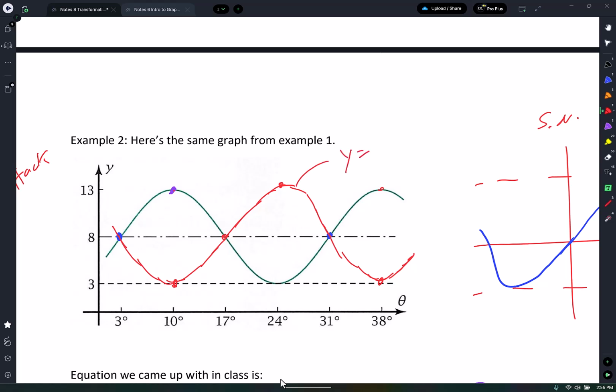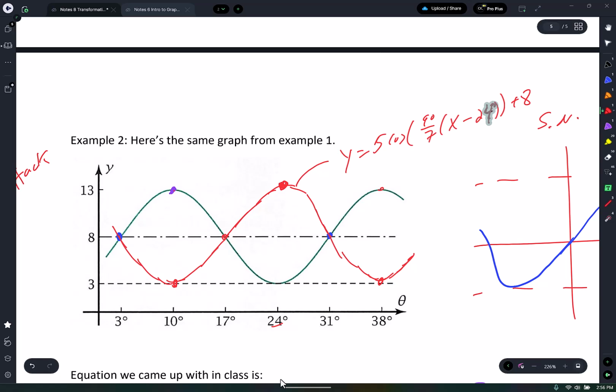Everything else is exactly the same. The amplitude's the same. The frequency's the same. The period's the same. So y equals 5 cosine 90 over 7, x minus, what's my peak at? So x minus 24 degrees, plus 8. And there it is. That's my equation for the one in red. Yes or no? Yeah. That's the correct one.